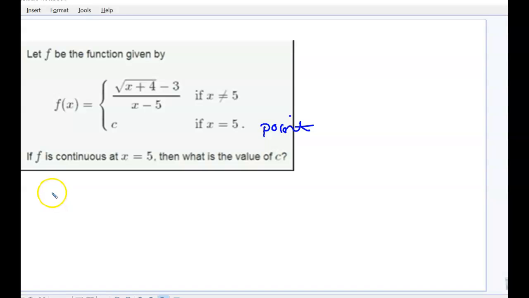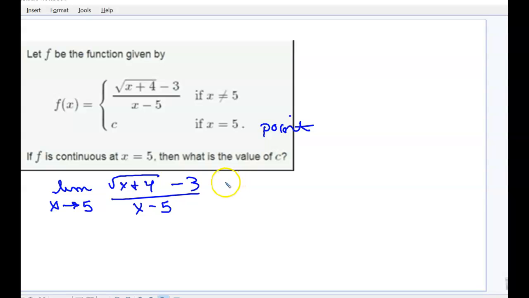So the first thing I'm going to do is calculate the limit as x approaches 5 of the square root of (x plus 4) minus 3, over x minus 5. And again, if I was to use direct substitution, I would get 0 over 0. And if you recall from our earlier section on limits, for this one I have to multiply by the conjugate of the numerator.